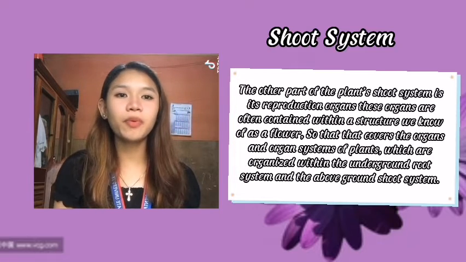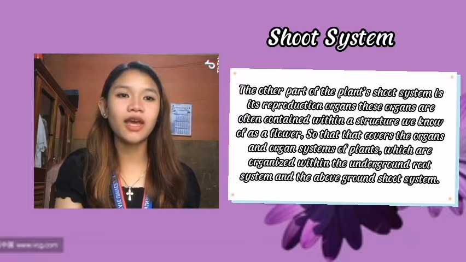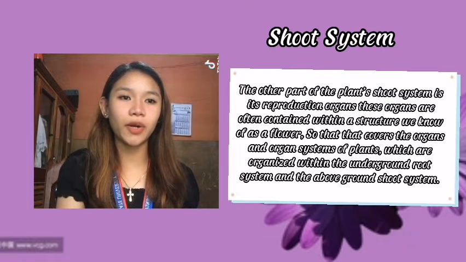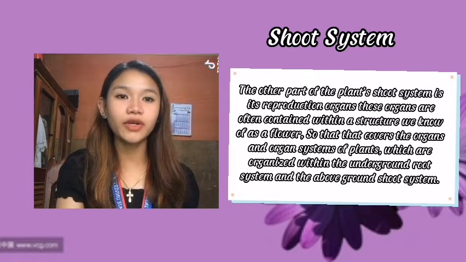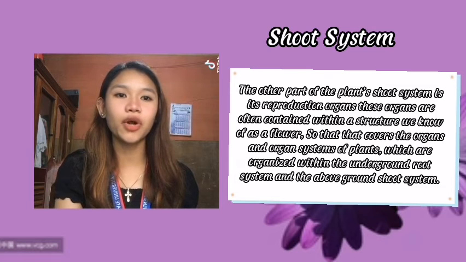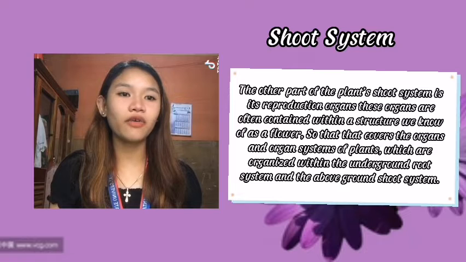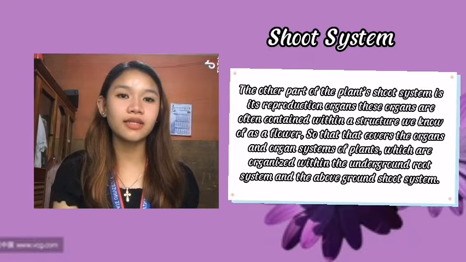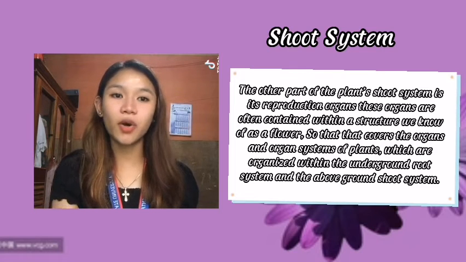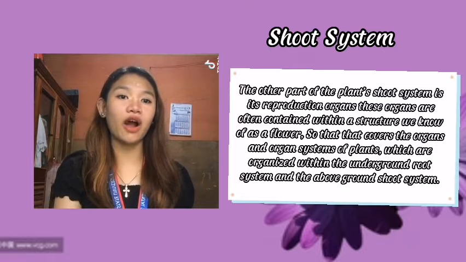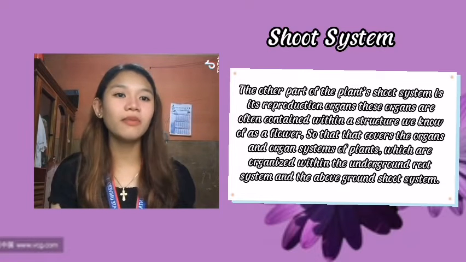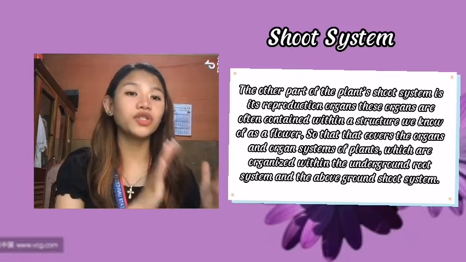The other part of the plant shoot system has reproductive organs, and these organs are often contained within a structure we know as a flower. So that covers the organs and the organ systems of plants, which are organized within the underground or root system and the above-ground or shoot system.